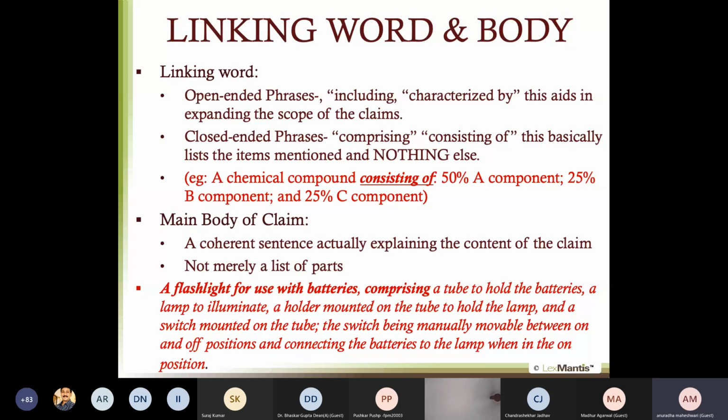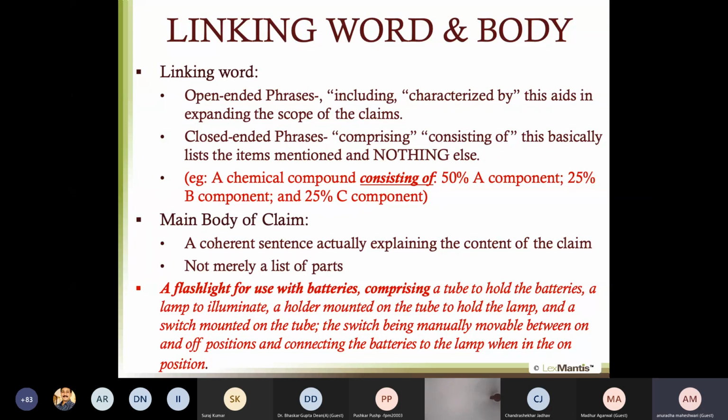Could I have written this in another way? Answer is yes. I could have written a chemical compound including 50% component A, or inclusive of so and so component. The moment I write this, it means that this chemical compound, other than component A, component B and component C, would be having something else.